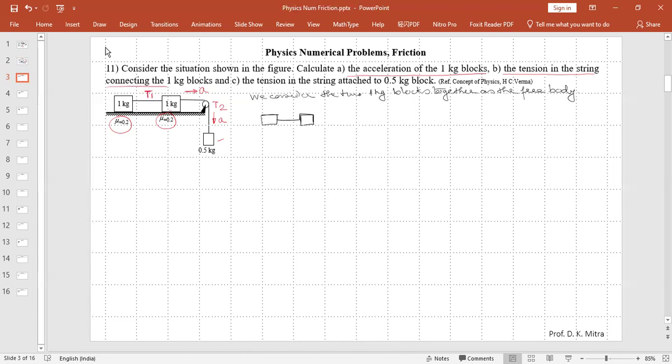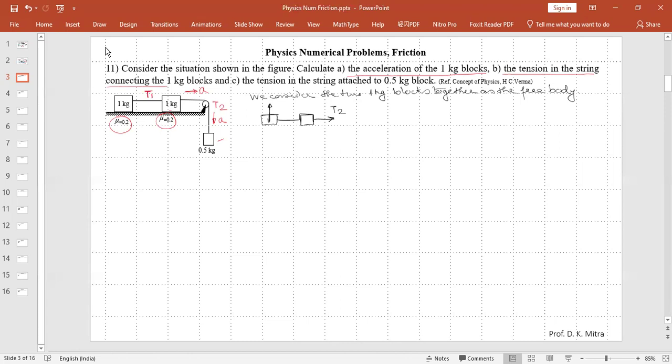Here you find there is a tension T2. And this has a mass of 1 kg, and this has a mass of 1 kg. So the weight will be 1 kg into g, that is 10 Newton.